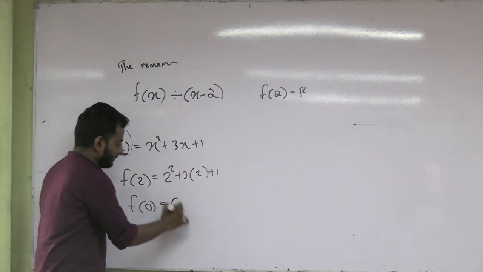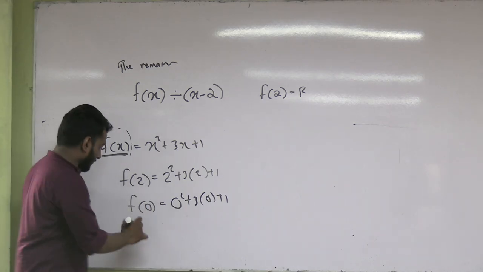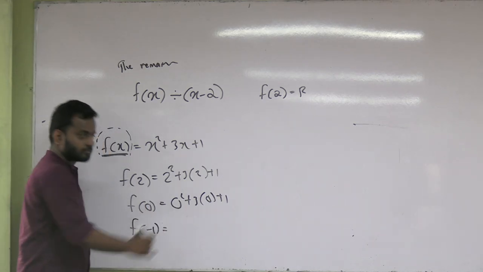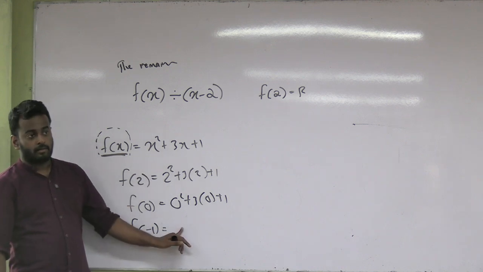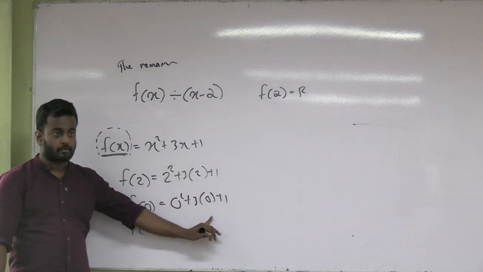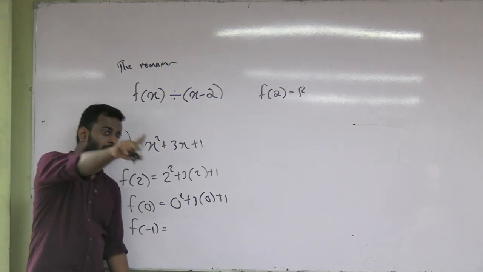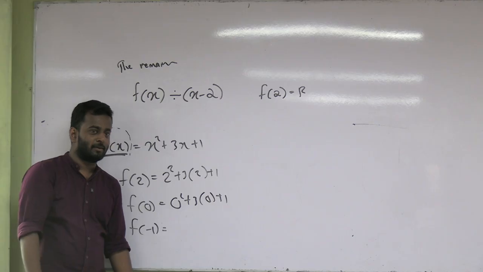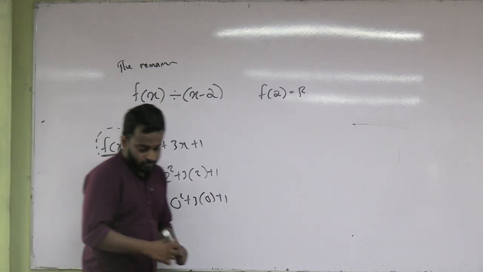So you can write 0 squared, 3 into 0, plus 1. Fine, right? What about f(minus 1) then? Minus 1 squared, 3 into minus 1, plus 1. Do you all get that? Are you okay with that? Okay, so this is what we do.